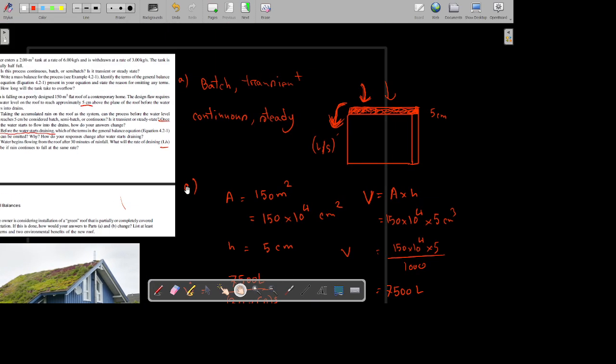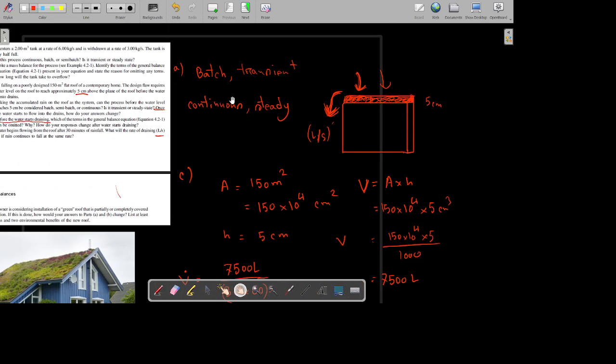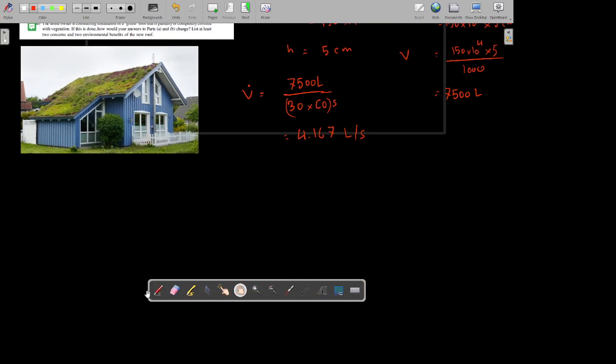So before, I have erased this. The mass balance equation was, let me write it again for you. The mass balance equation was input minus output plus generation minus consumption equal to accumulation.